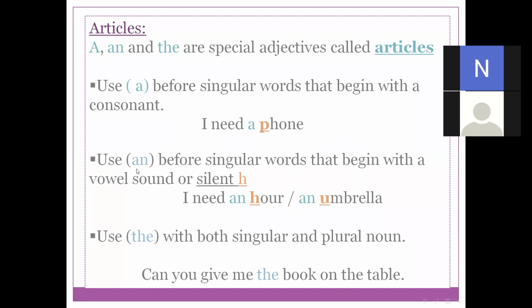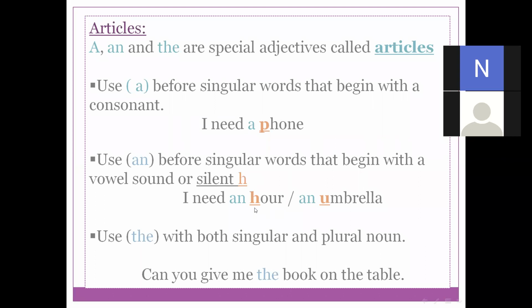Now, when do we use an? Use an before singular words that begin with a vowel sound or a silent H. Again, we use an also with a singular noun. But what is the difference between a and an? We use an with vowel sounds like O, E, U, I, and also with a silent H, when we are not pronouncing the H. Don't forget the silent H. I need an hour.